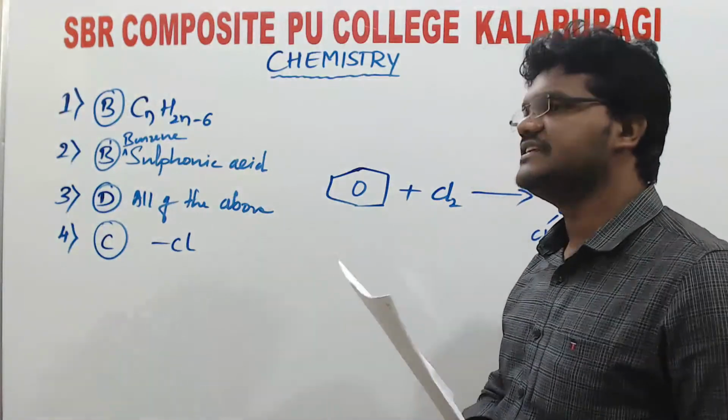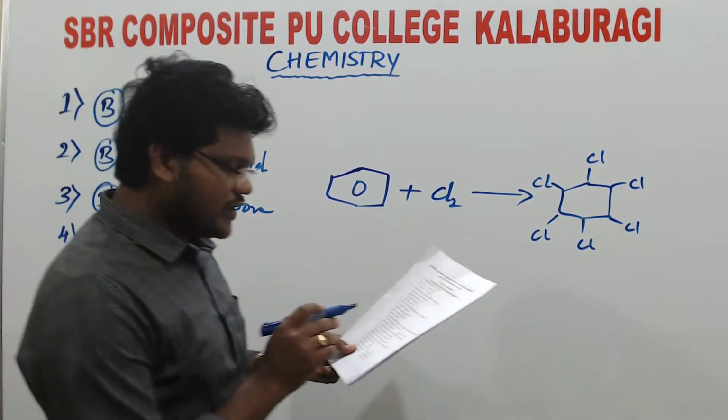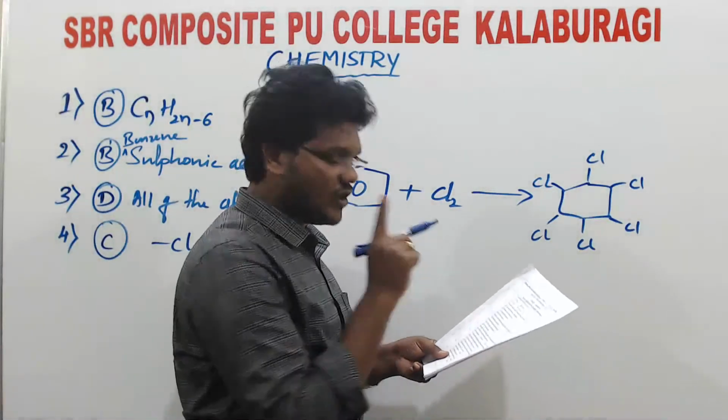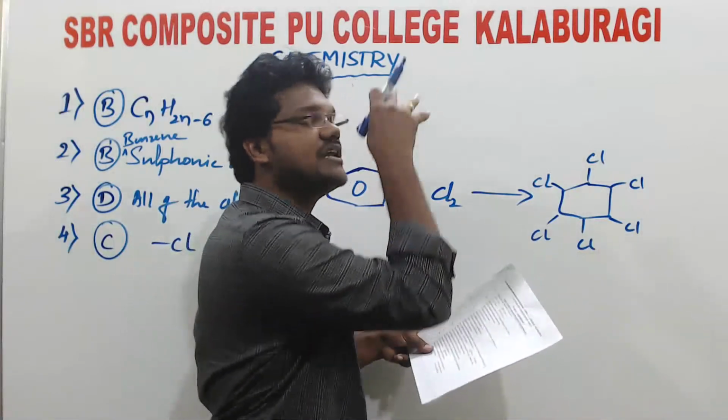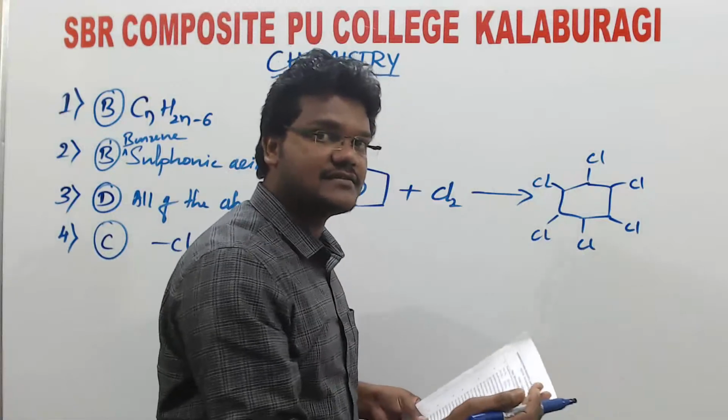BHC, benzene hexachloride. This reaction will take place in presence of what, they are asking. Say the conditions they have given. Option A, chlorine is bubbled through benzene. Option B, when the mixture is kept in dark. Option C, when the mixture is exposed to sunlight.